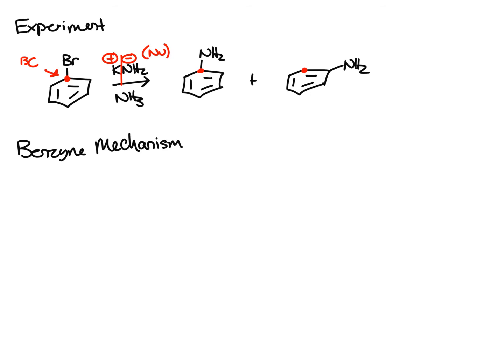And basically, what is thought is going on here, you start with your aryl halide, and I'm going to draw in one of the hydrogens. First, this reacts with the amide, which is a strong base, and rather than adding into the ring, we can do an elimination, eliminating HBr from the molecule.